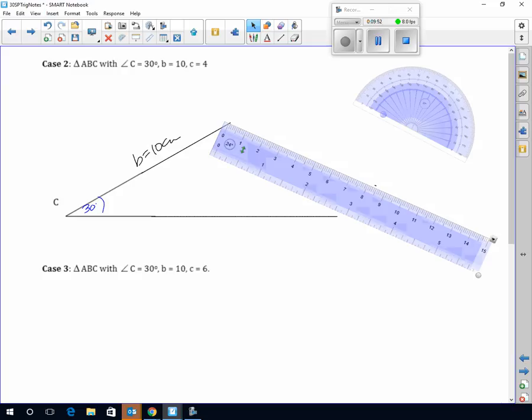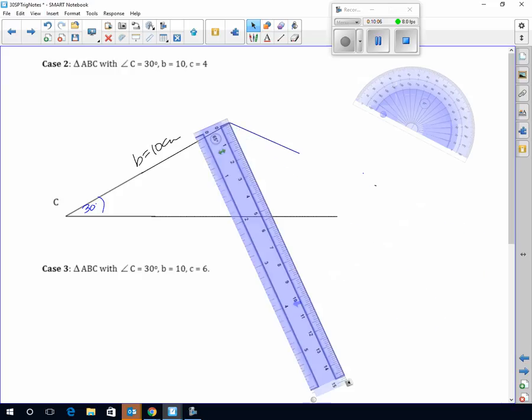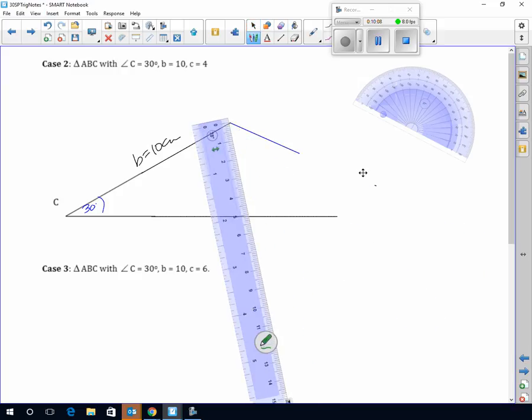The 4 centimeters never touches A. I'm just going to draw 4 centimeters just to prove it. And no matter where I swing it, it doesn't touch. I can do it here. It doesn't touch. Do you see what I'm saying?